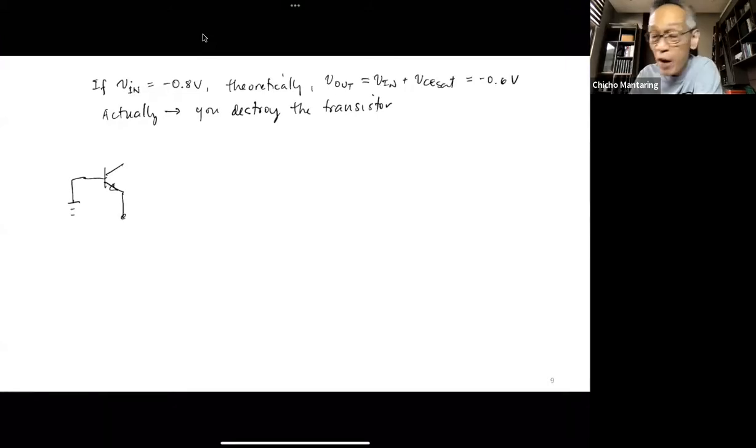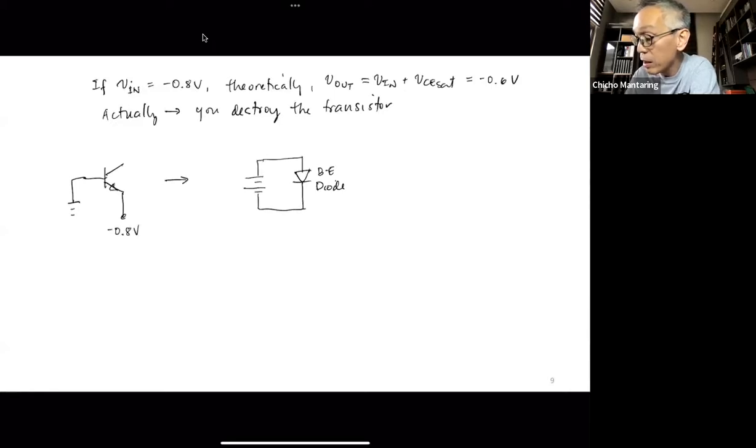If I apply negative 0.8 volts here, I'm just looking at the base emitter diode. This is my base emitter diode. What am I doing? I'm applying, in effect, 0.8 volts across my base emitter diode.